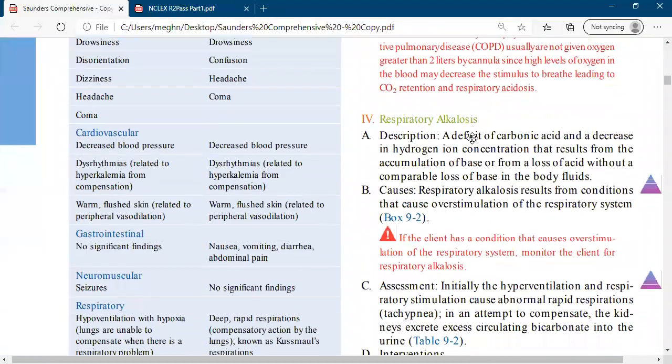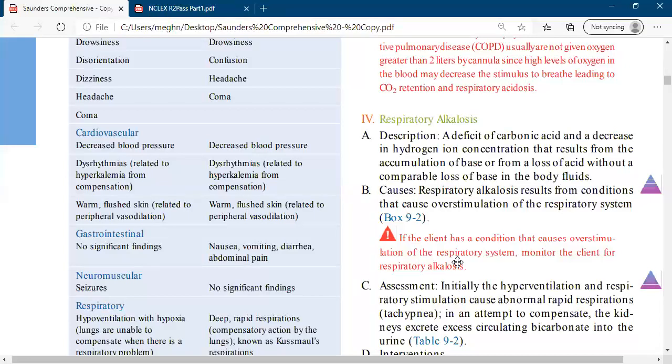And here is something about respiratory alkalosis. If the client has a condition that causes overstimulation of the respiratory system, monitor the client for respiratory alkalosis. I am going to reread it. If the client has a condition that causes overstimulation of the respiratory system, monitor the client for respiratory alkalosis.